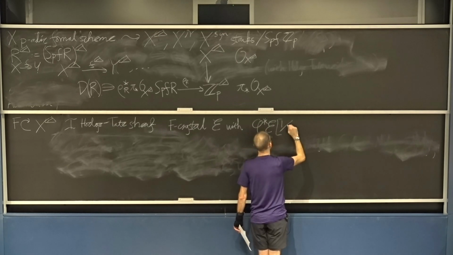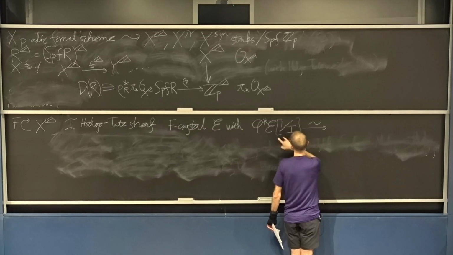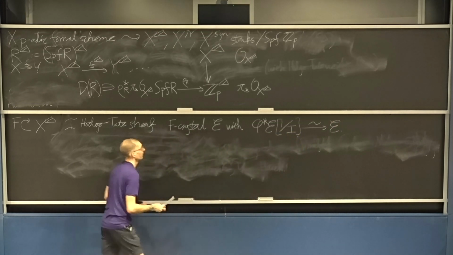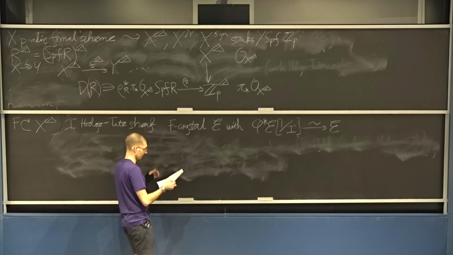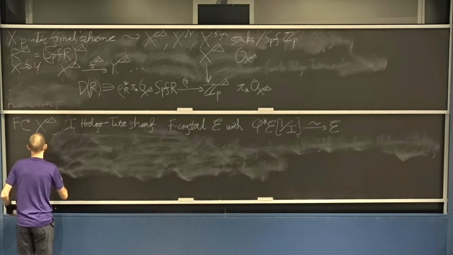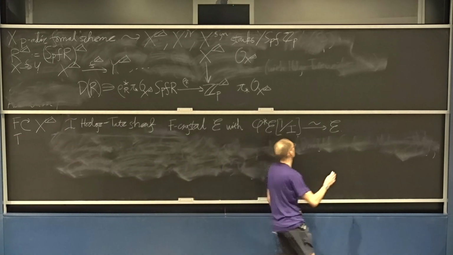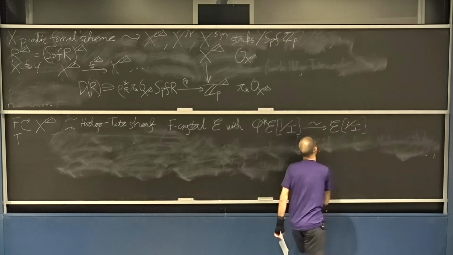So after inverting this ideal sheaf, I have some isomorphism of the Frobenius pullback with the original sheaf. And I will be making all these things more concrete later. I just want to explain the picture. And then the theorem, sorry? Thank you. Yes, 1 over I. That would have been a bit of a nonsense definition otherwise.